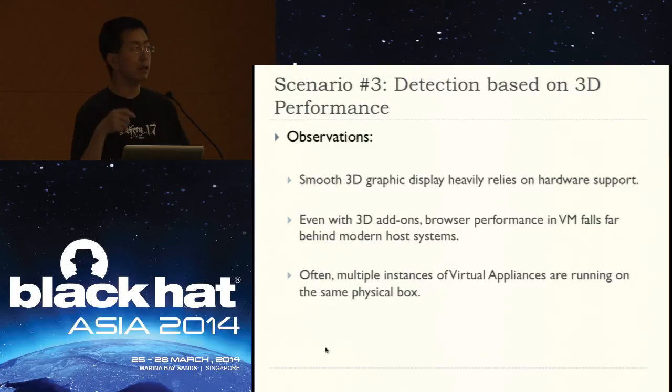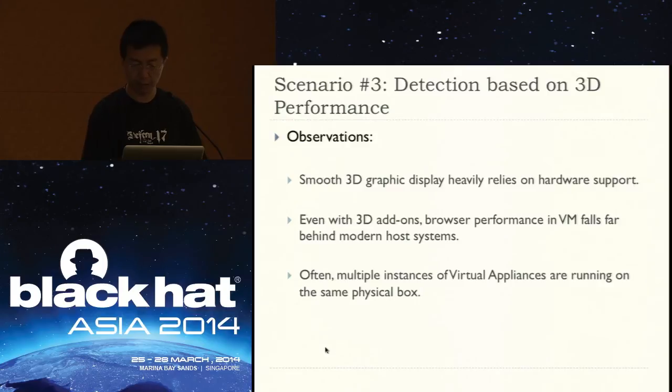The virtual appliance or virtual machine platforms we have right now all have something called a 3D add-on, which is supposed to make rendering 3D objects faster. But based on our results, which I will show you some samples of, they are still falling behind the physical one.